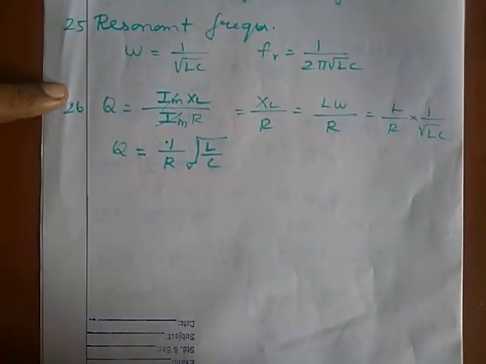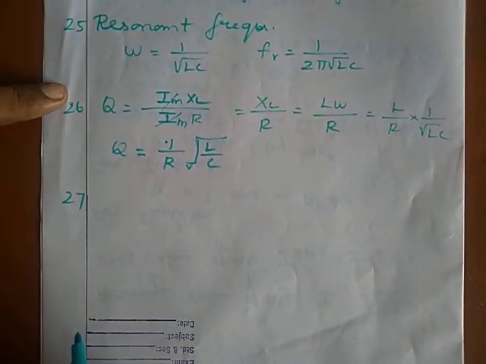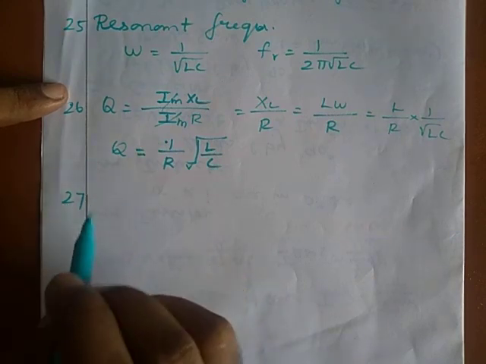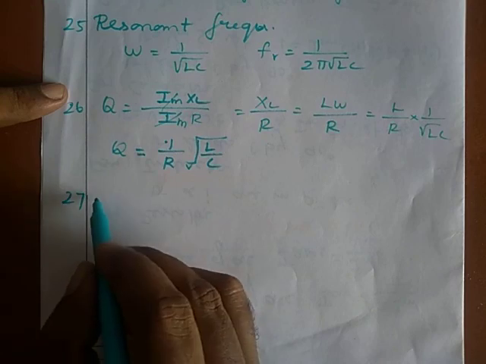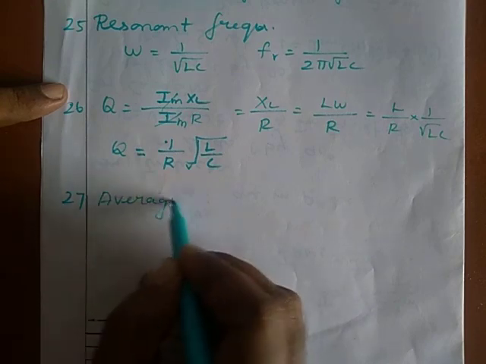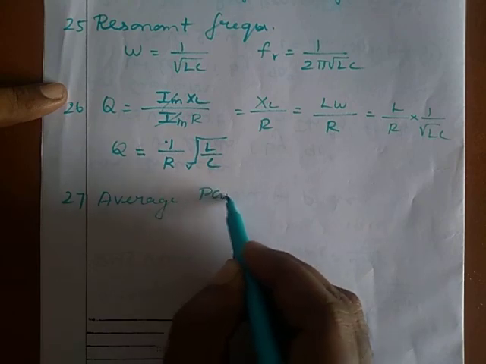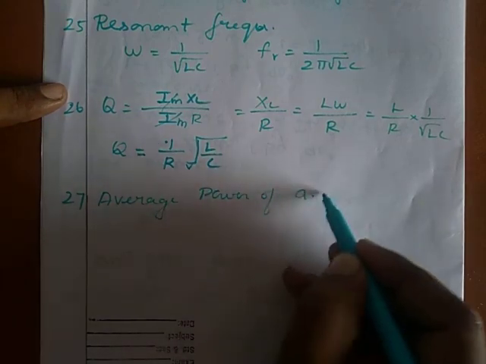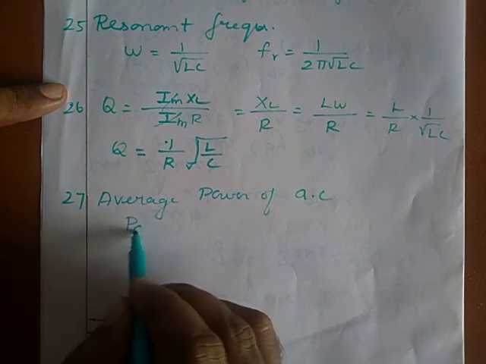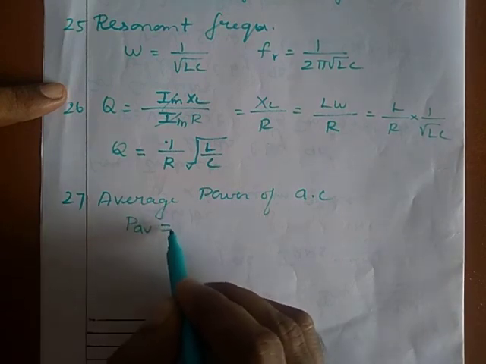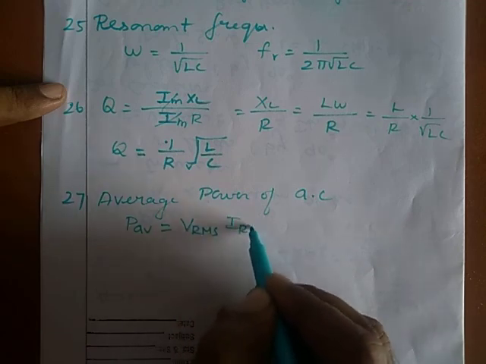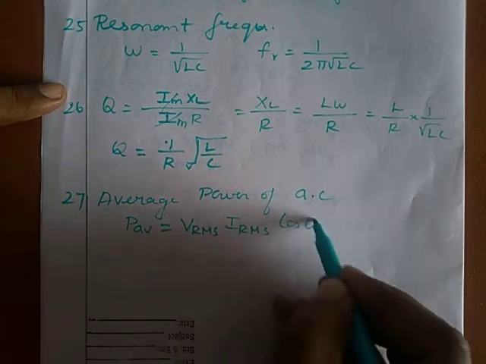Then next, that is average power over one cycle in an AC circuit. Average power of AC is represented as P average is equal to V RMS I RMS cos phi.